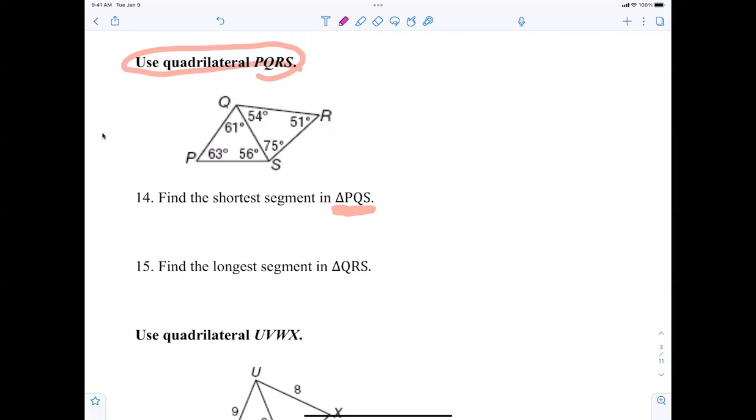What did you think? PQ. Why? Because it's opposite of 56, right? Because 56 is the smallest angle, then PQ is the shortest, right? Now, if I said, what's the shortest segment in the quadrilateral?